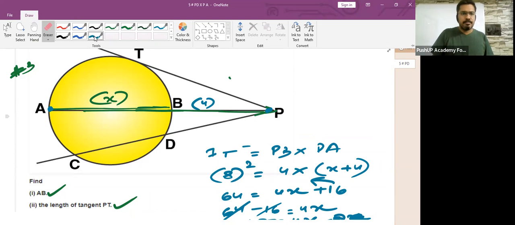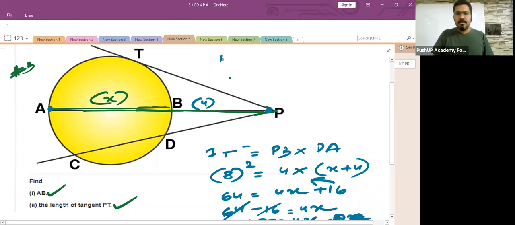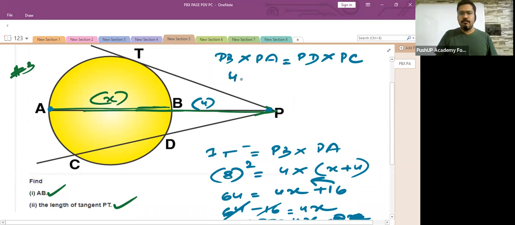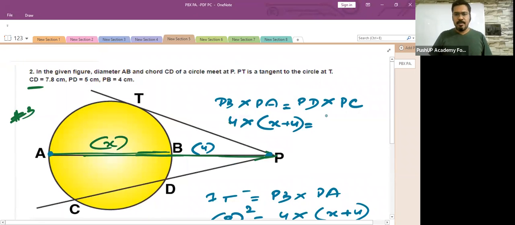Now, in that case, the result would have been PB into PA is equal to PD into PC, right? PB is 4 into PA is x plus 4, which is equal to PD, given as 5, into PC. How much is PC?